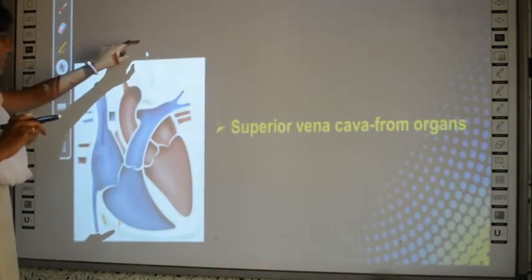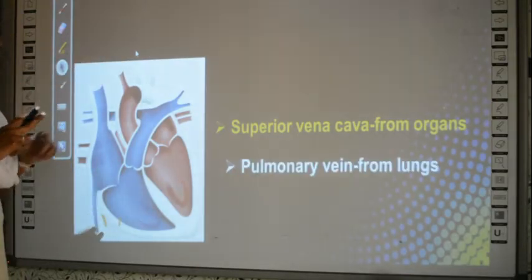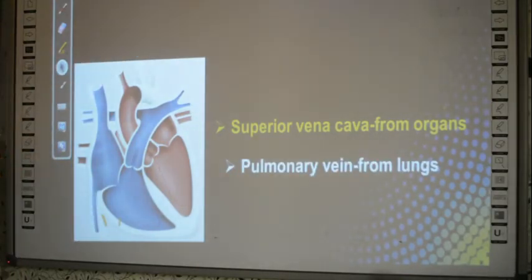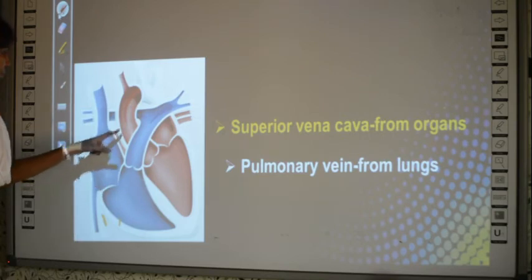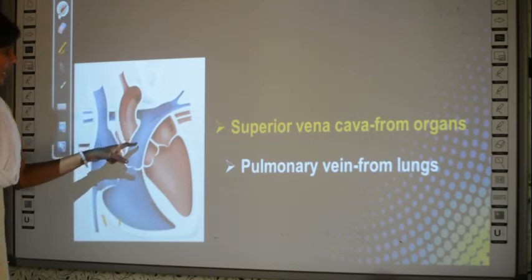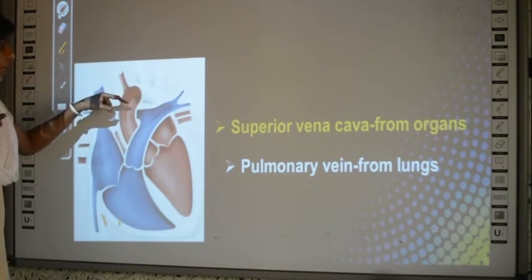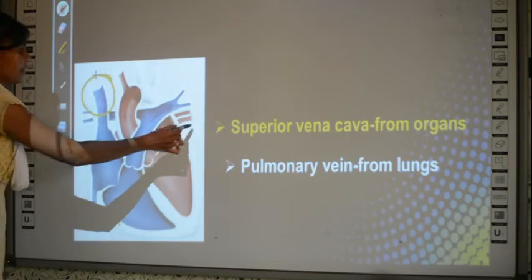Okay, I told you, there are 2 more structures. One is called superior vena cava and one is called pulmonary vein. See what all we have learnt. We have learnt about these 4 chambers. You know what is the name of this? This is pulmonary artery. This is aorta. What 2 names you don't know? You don't know the names of this and this, right?